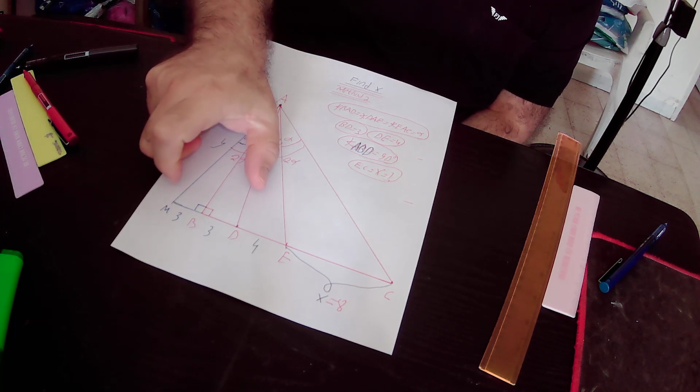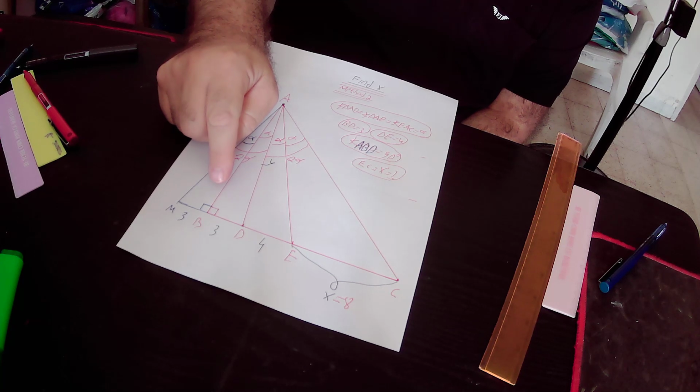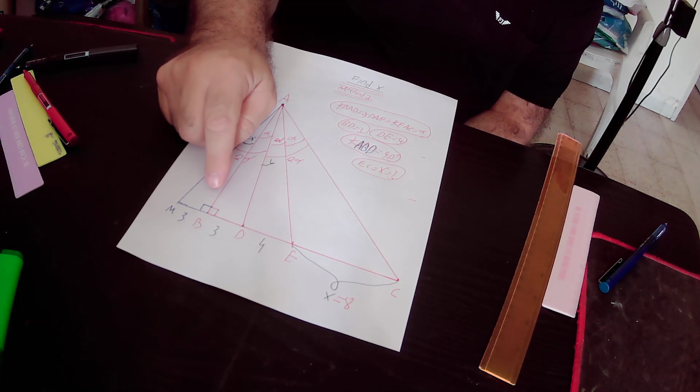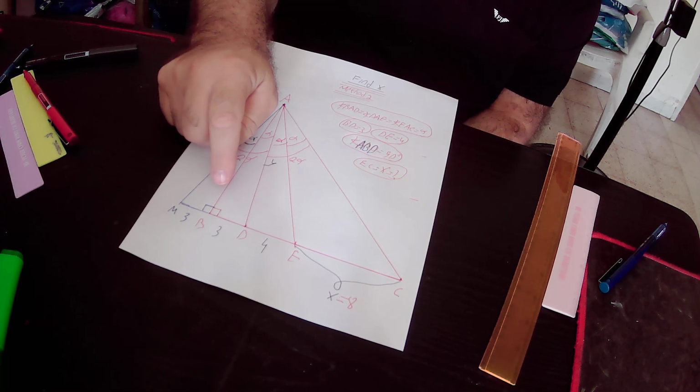Actually, MD is a straight line, therefore the sum of the angles at any point on the straight line equals 180 degrees, and especially the sum of the angles on the straight line MD at point B must be equal to 180 degrees.